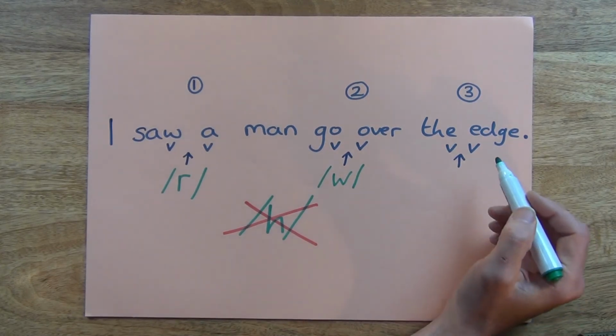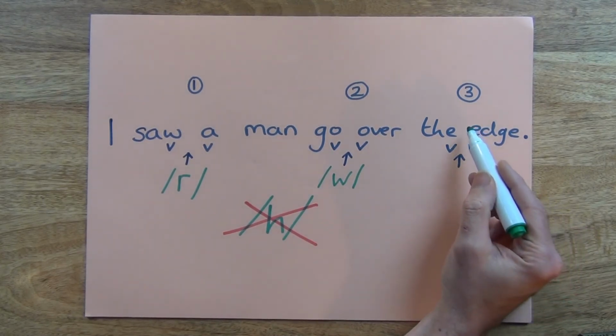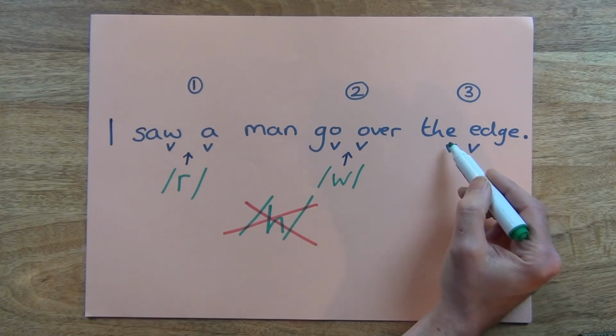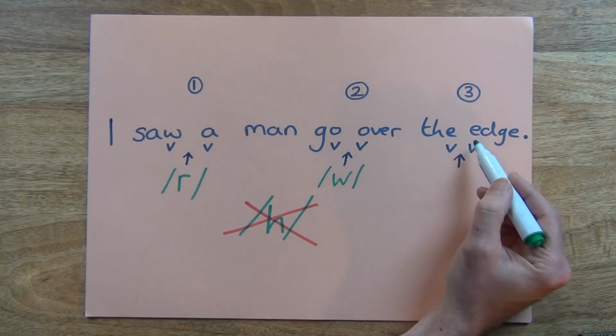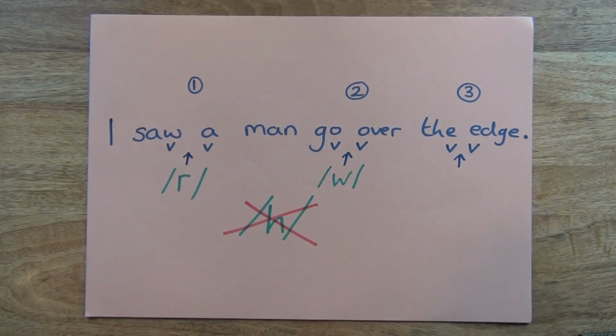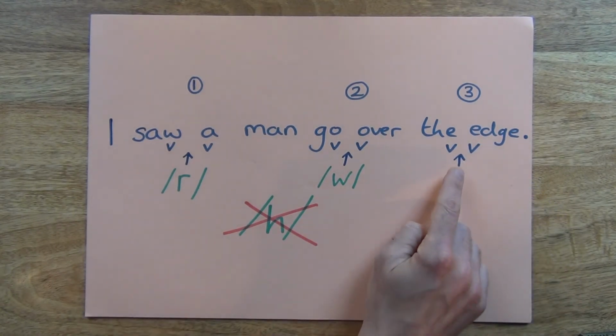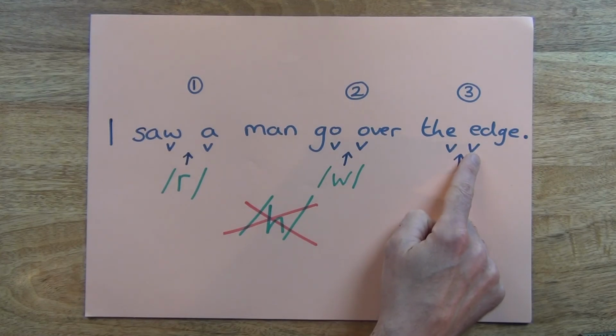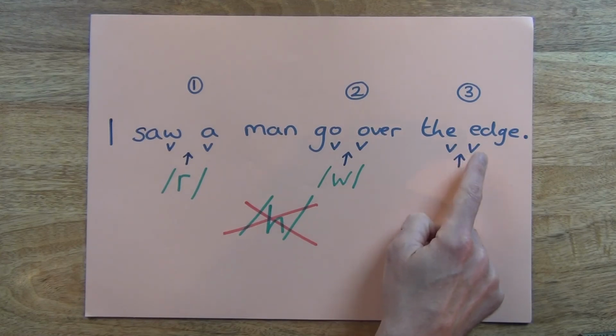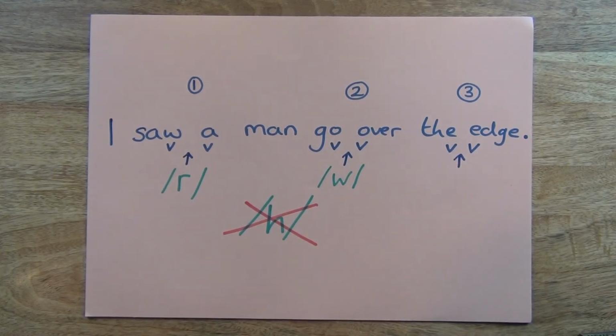Now, the third position, we need to link the sounds E and E. So listen carefully and try to identify which sound connects E with E. Are you ready? The edge. The edge. Did you hear it?